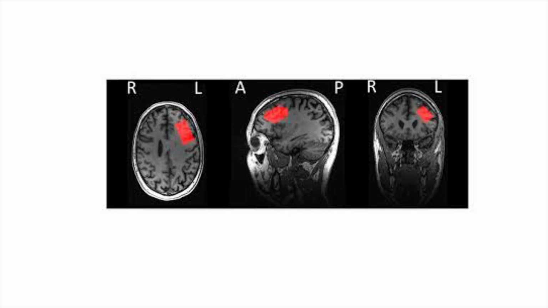And the area that is marked in red here is the dorsolateral prefrontal cortex, which is usually responsible for the top-down control of attention, emotion, as well as behavior.